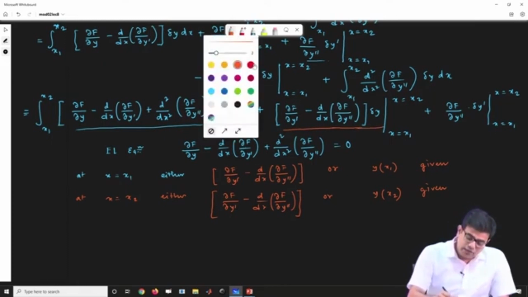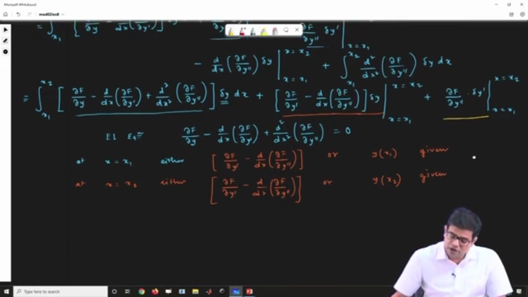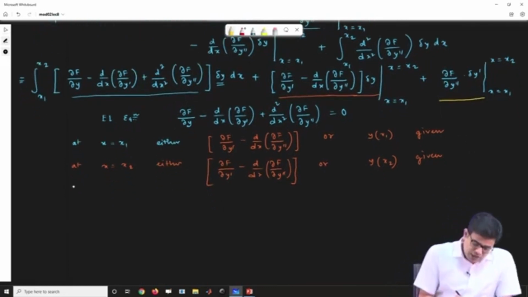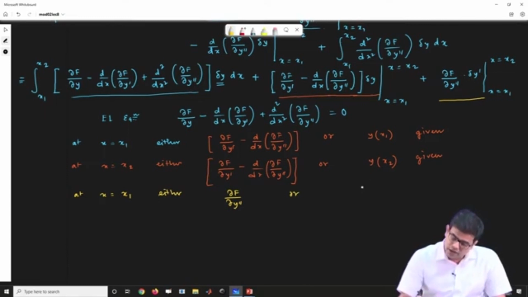Now, there is another part of the boundary condition, which we need to take care of here, because the functional has a second order derivative. So, similarly, at x equals x1, either ∂f/∂y'', or δy' is given.